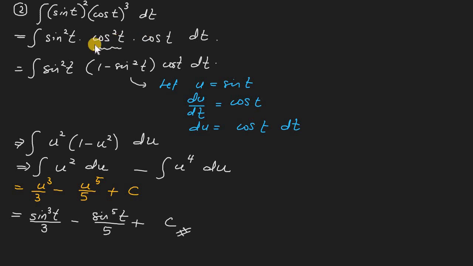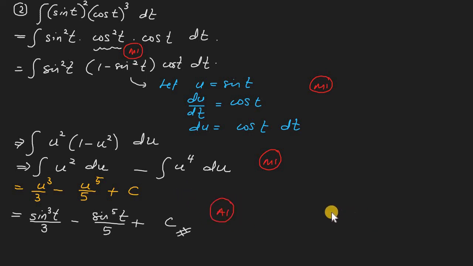So let's compare. The first mark goes to, whenever you see an odd power, tackle it first, such that you split and use the Pythagorean identity, this one. And then simplify further by using a u substitution, change everything in terms of u, and then you integrate term by term and get to your answer.